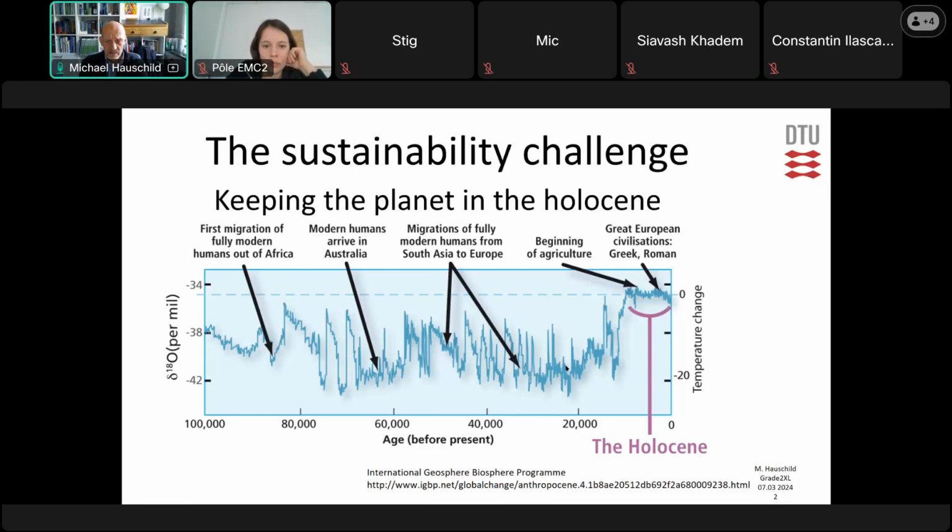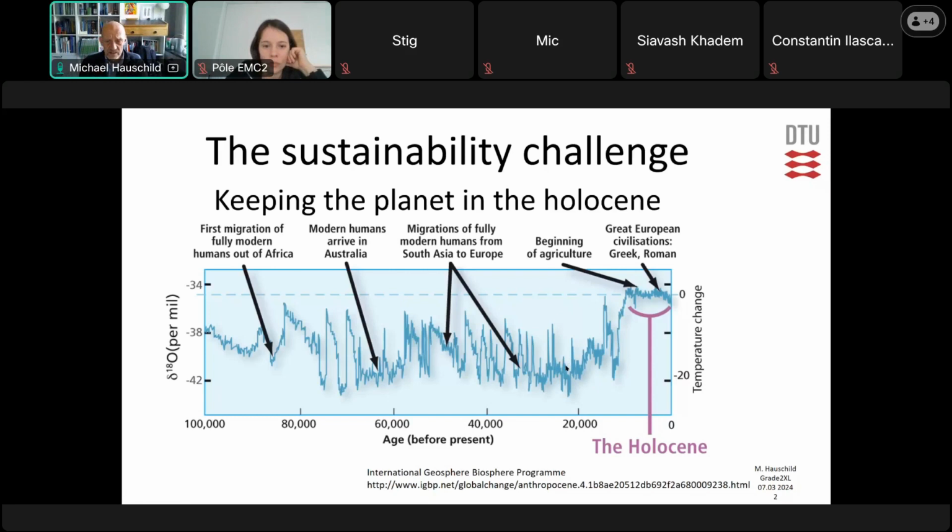And we also see the evolution of all the great human civilizations, not just European, as the slide says, but all human civilizations, also Asian civilization, African and American civilizations are all within this period. And we see a growth in the global population from somewhere in the 10 or 100,000 globally, probably, to now 8.2 billion people.